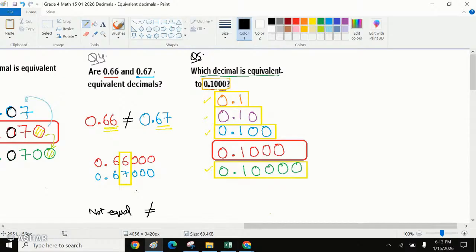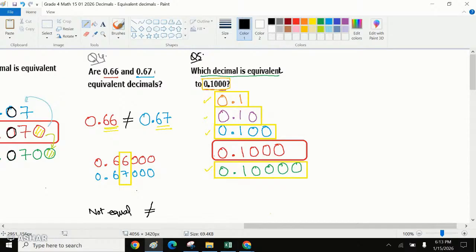All these options are correct. They all are equivalent decimals, okay? Do I need to repeat this? Do we need to do this question again? Or is it understood? What you are doing is you are adding a zero before the number.